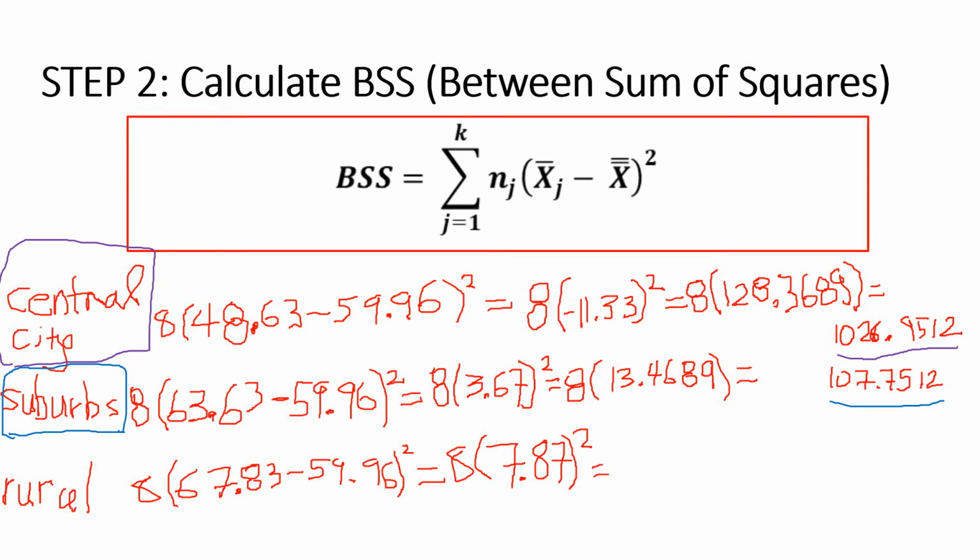And then 7.87 times itself should give us 61.9369.